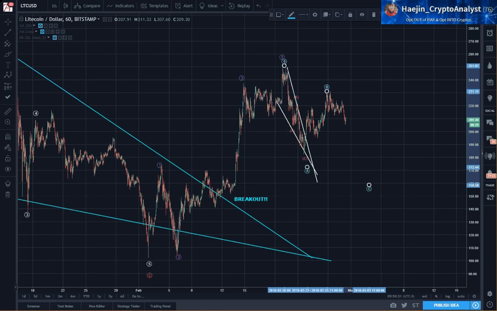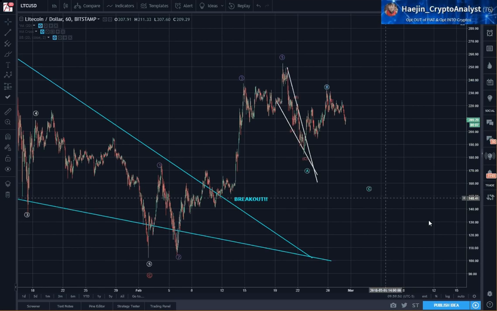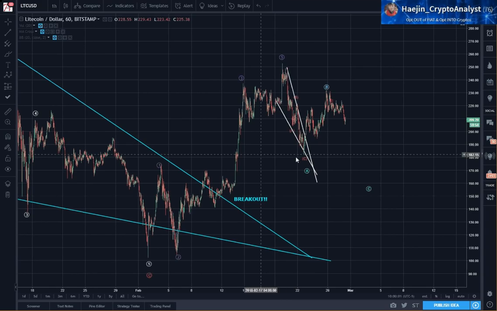Now, there are other ways of labeling this. Yes, I know, I am aware of them. But I think even if you label it differently, the destination will probably be the same. Because I'm only seeing A, B, C, 3 waves so far. And this cannot be 4 because it would have overlapped with 1 already.